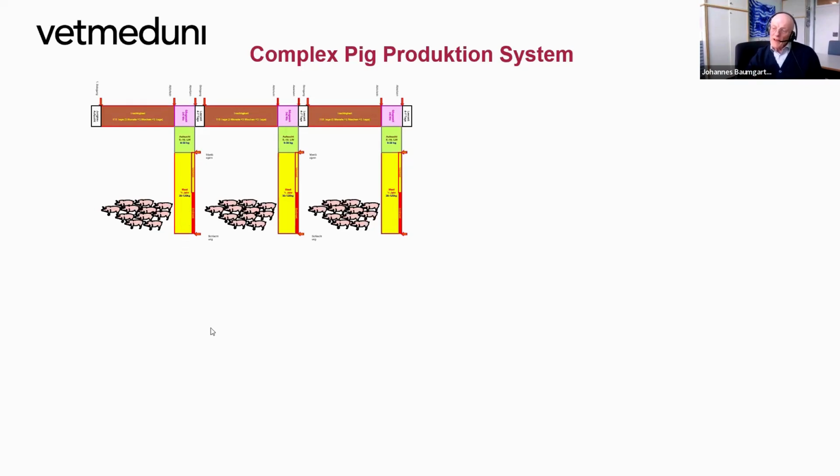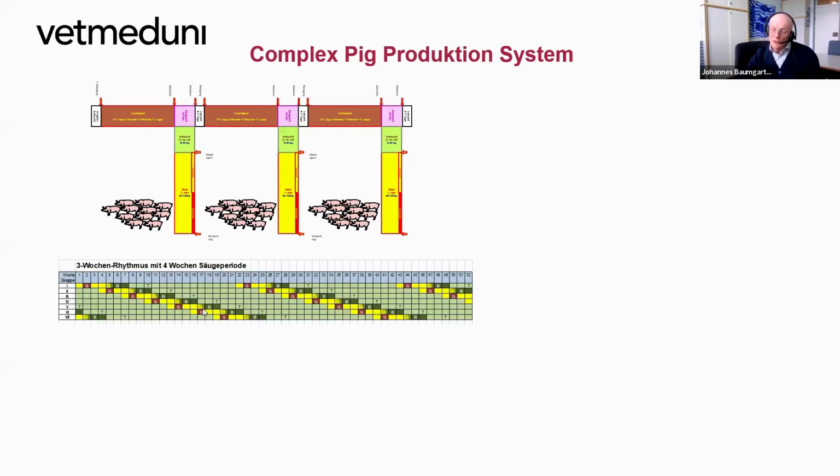And our farms try to organize the sow herd in different groups. This is one group of sows. Here you have birth, then 4 weeks of lactation period, then weaning, then re-insemination, gestation period, and again birth, lactation, insemination again, and so on.